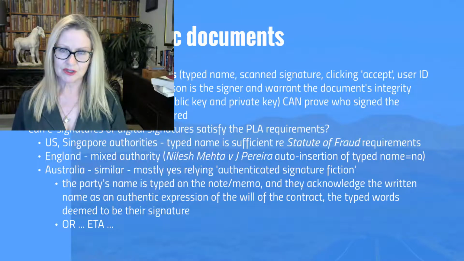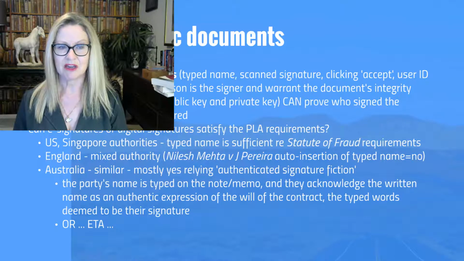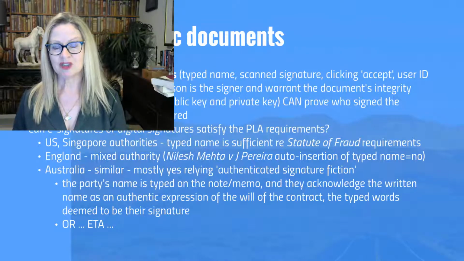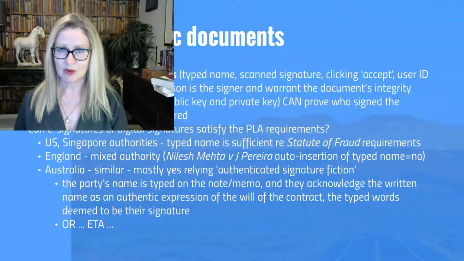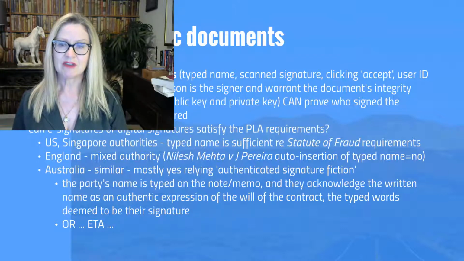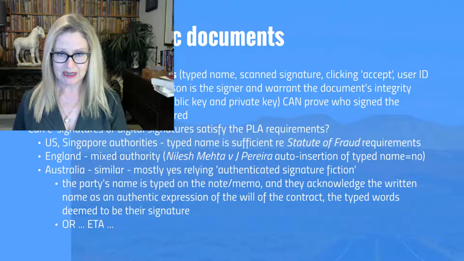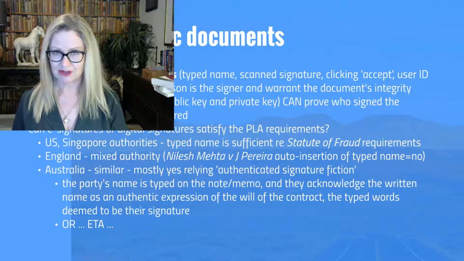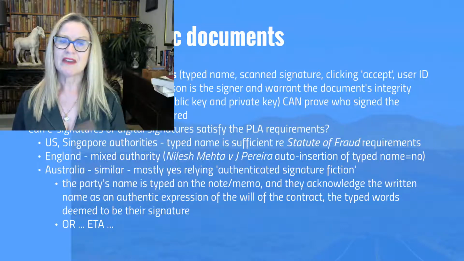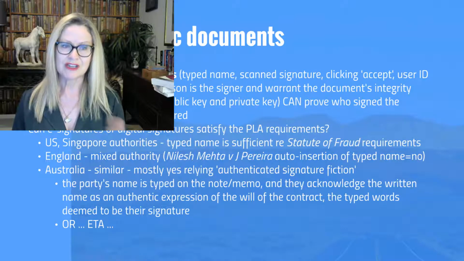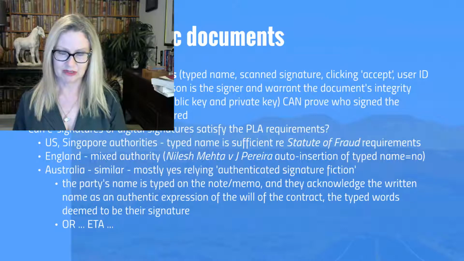And that can be a useful device for satisfying the PLA. What you have to have there is the party's name being typed on the note or memorandum of the contract, and then they acknowledge the written name as an authentic expression of the will of the contract so far as they are concerned. And then what happens is the court will deem their signature to have been applied.